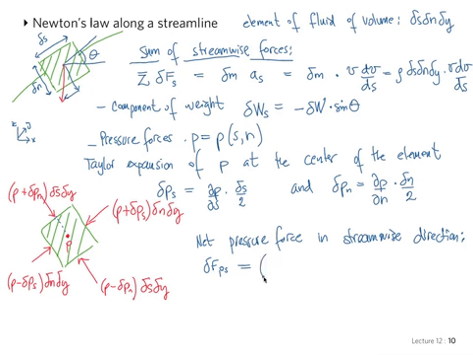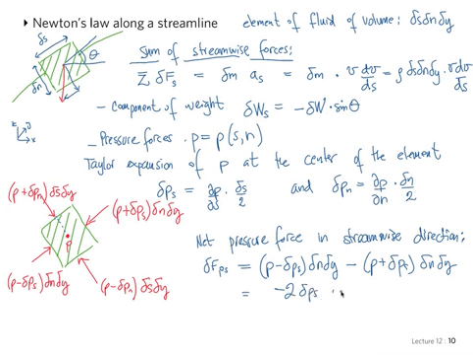In the positive direction, we have P minus dps times dn dy. And in the negative S direction, we have P plus dps times dn dy. So we can simplify. We have minus 2 dps times dn dy.